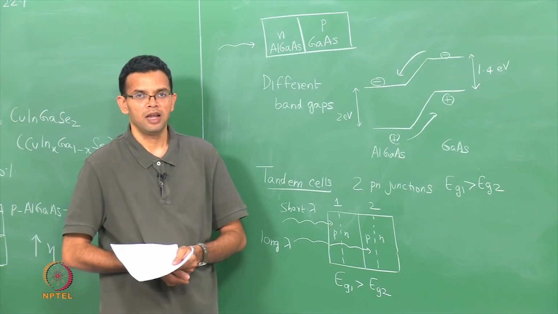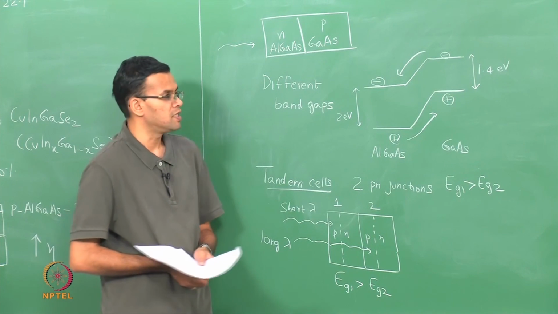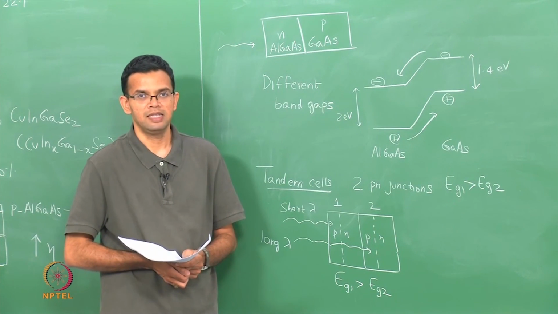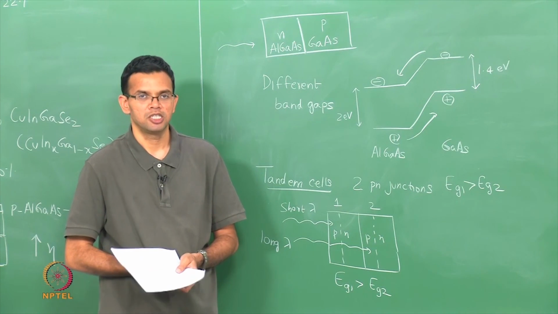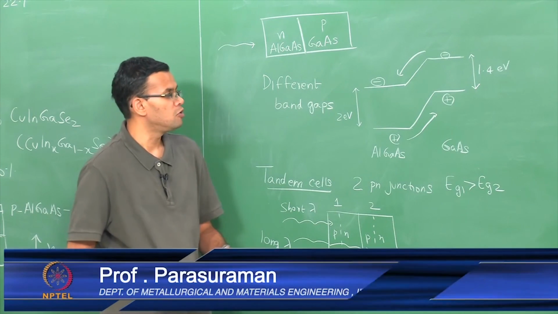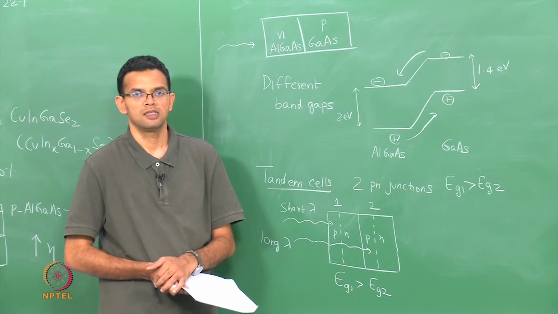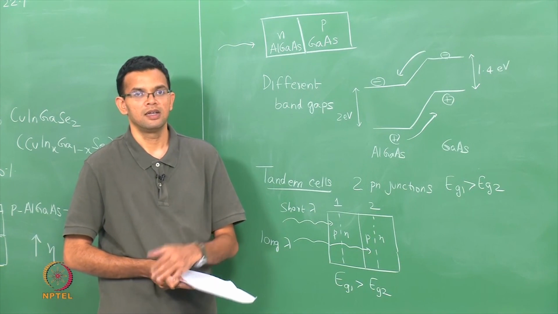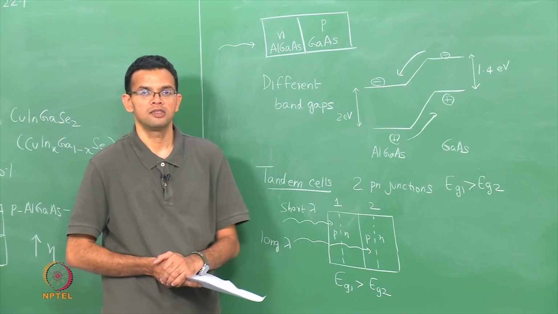So, these last few classes we have looked at electronic devices. We started with a simple metal semiconductor junction, then we moved on to a p-n junction, and then we looked at transistors. We also looked at some examples of optoelectronic devices like LEDs, lasers, photodetectors, and then solar cells.